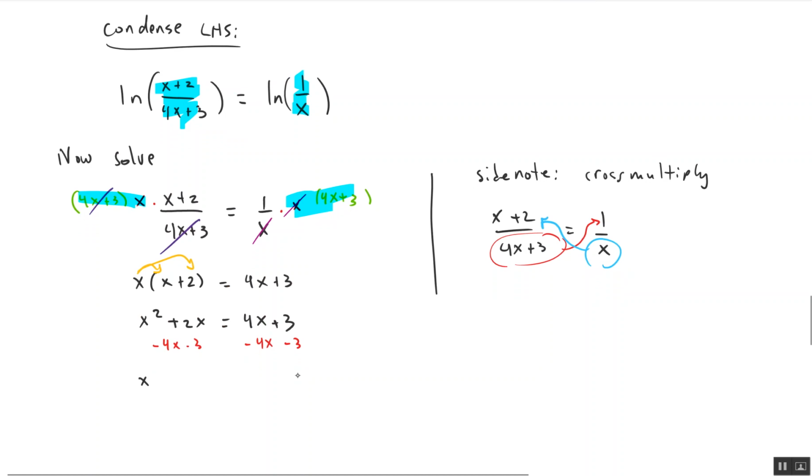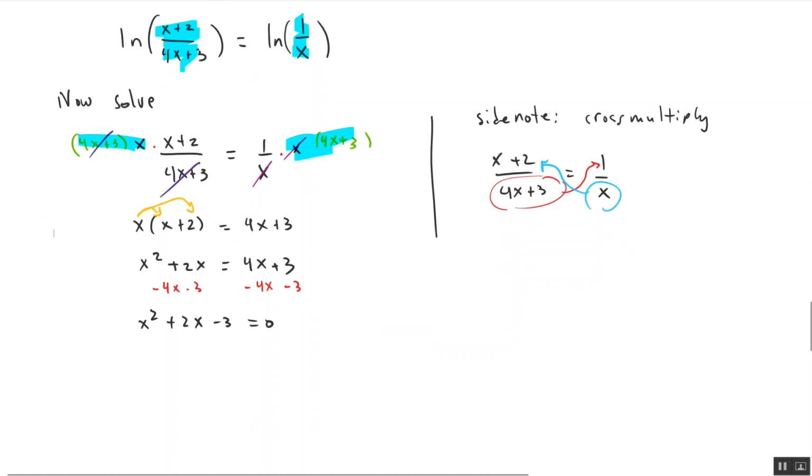That gives us x squared. A negative 4x, positive 2x gives us positive 2x. Minus 3 equals 0. Here we just have a polynomial. Polynomials set equal to 0, that's an equation that we should have already been able to solve, or have already solved in our past. So let's do it quickly here.